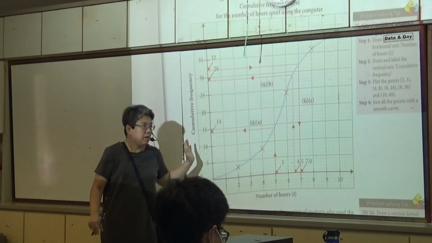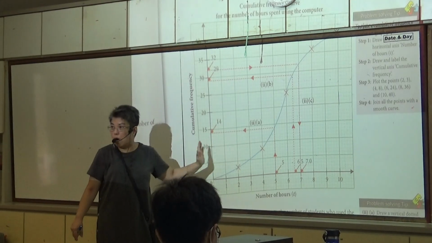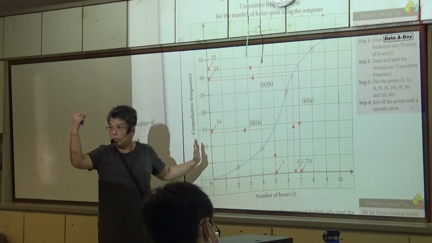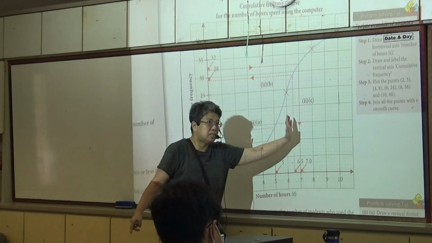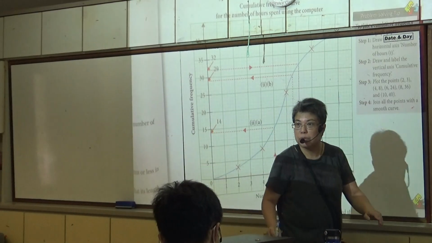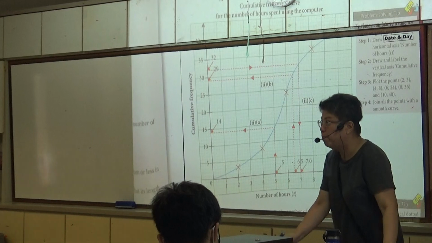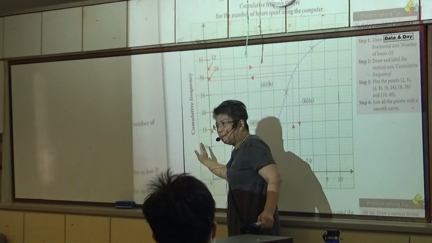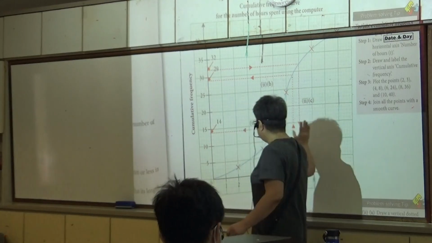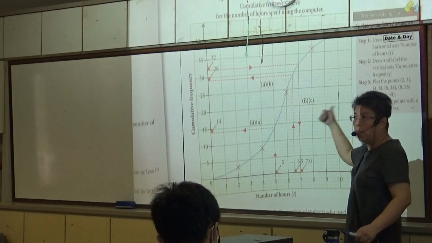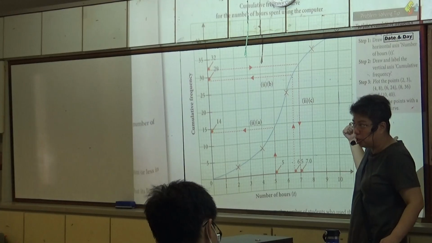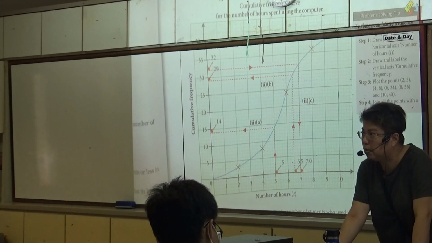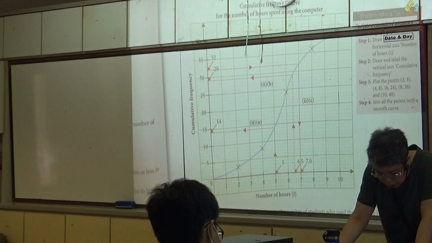Now, this side is always less than or equal to, depending on the information. The other side will be more. When you read the number here, it's always less than or equal to. The other side is more than or more than or equal to, depending on the definition. Everybody clear? So the first answer is 14. Next question.